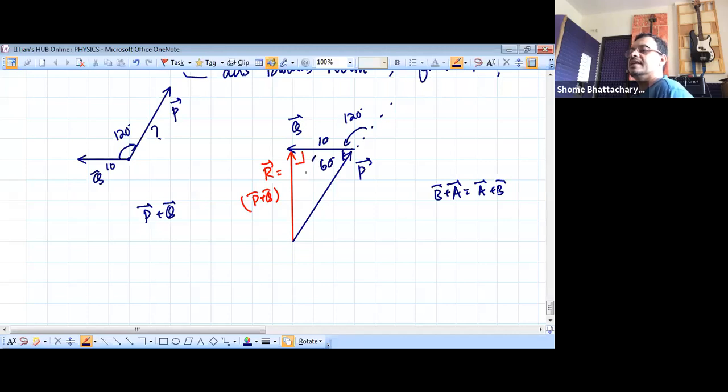So in this right angle triangle, you can see that cos 60 is 10 divided by the magnitude of P, which is the unknown. So 10 by P is equal to cos 60, which is half. So the magnitude of P is 20.